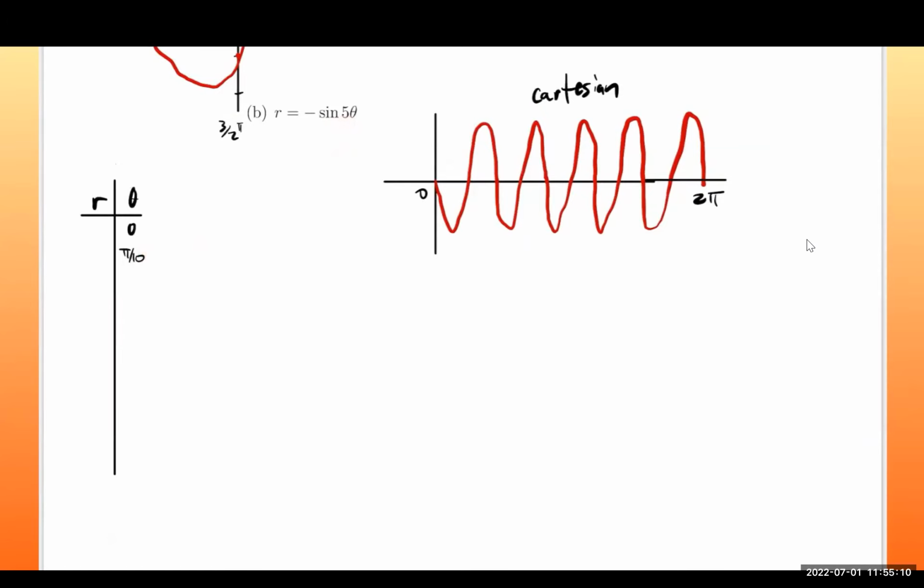So if I do that, I'm just going to save you guys the time and trouble to think about it. It's 0, pi over 10. If you plug in pi over 10, you're going to get pi over 2. And then I'm just going to increase by 1/10 pi each time. So 2/10 pi, 3/10 pi, 4/10 pi, 5/10 pi, so on and so on until I get to 2 pi. So that means I got to go all the way to 20.